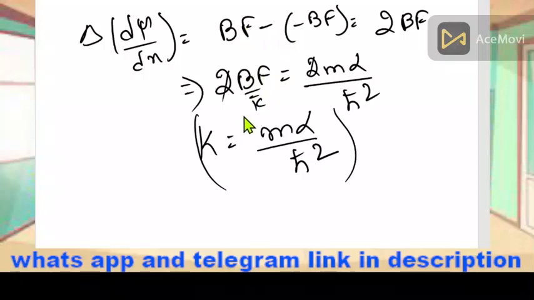This bk is k because we have b equal to f. Let me correct it here. This is b, and it is not f, sorry. So this one is equal to k, and our k is m alpha upon h bar square.